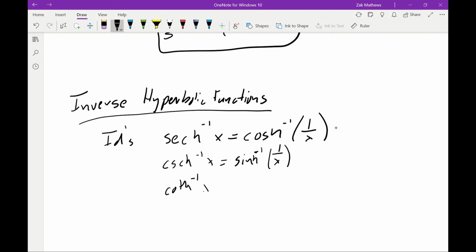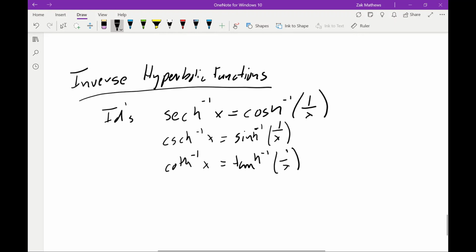We'd have the inverse cotanh of x is equal to the inverse tanh of 1 over x. So these should align with our knowledge of what we did with the inverse trig functions. We had to think about inputs versus outputs, and reciprocals apply to the output. Once we start with the output, we have to switch the inputs to the reciprocal.